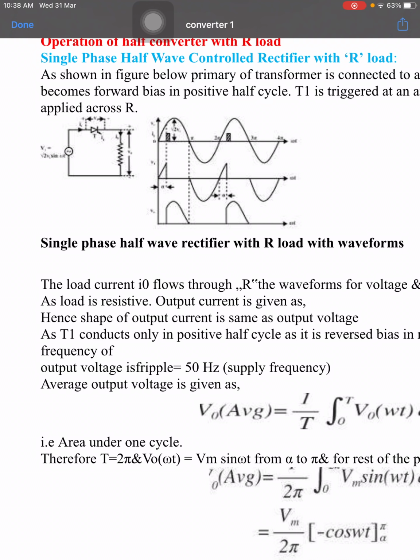By using commutations also we can turn on and turn off: Class A, Class B, Class C, Class D, auxiliary commutation, natural commutation, forced commutation, line commutation, and load commutation. As per our requirement, where the thyristor should be turned on and where it should be turned off, we are controlling. From that also we can control the thyristor.